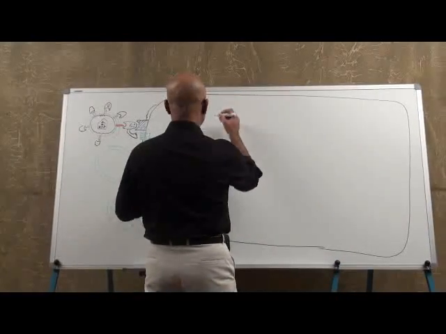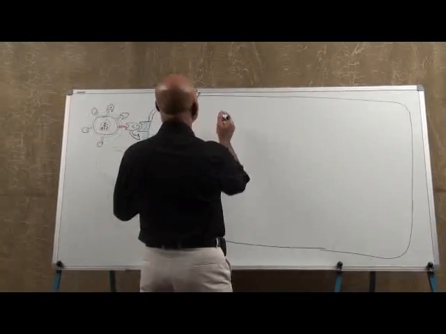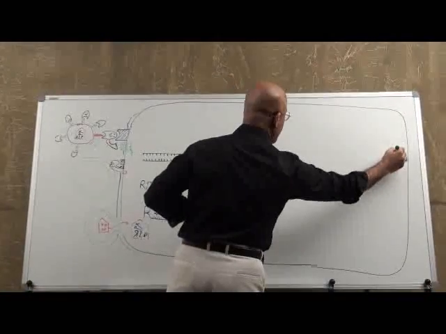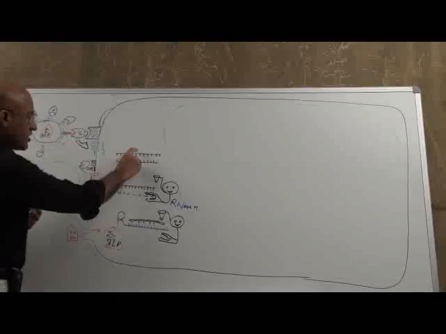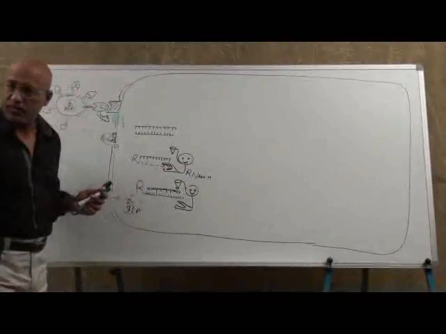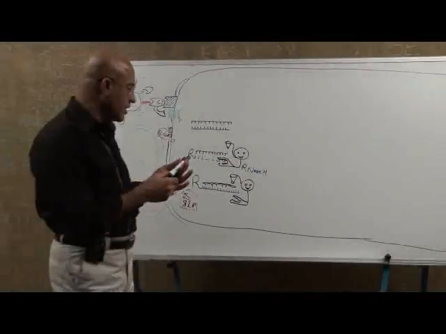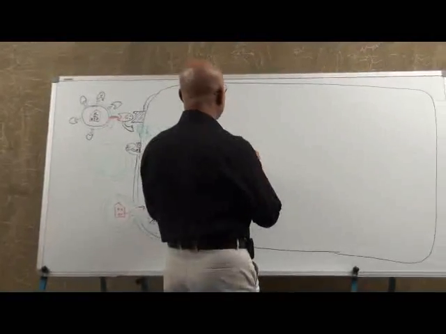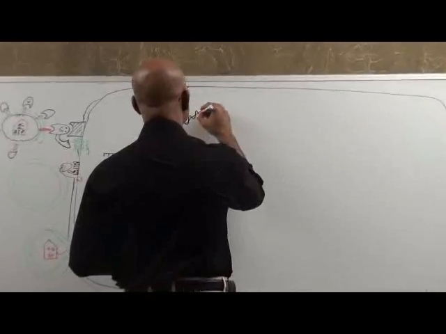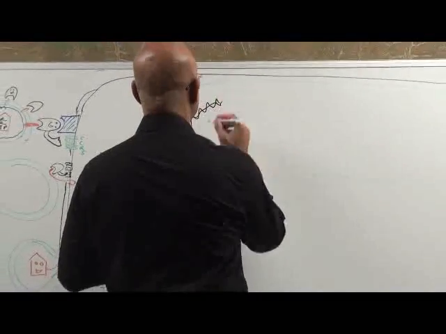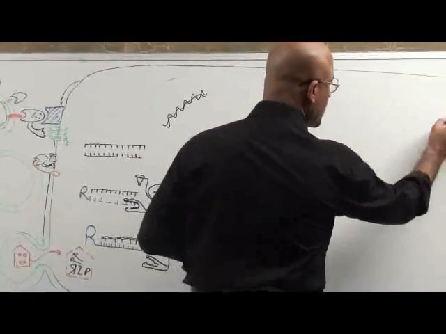Suppose this is our nucleus, this is our nuclear membrane. Now this will be carried into our nucleus. And once it is in our nucleus, suppose this is our human double-stranded DNA, and this is also human double-stranded DNA.